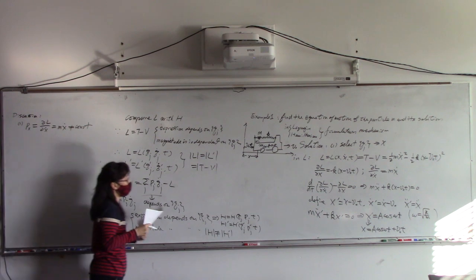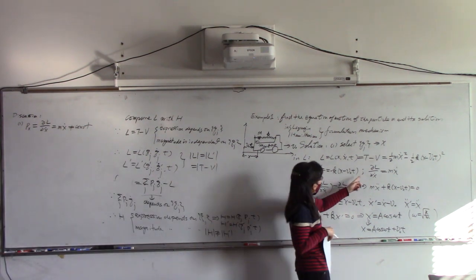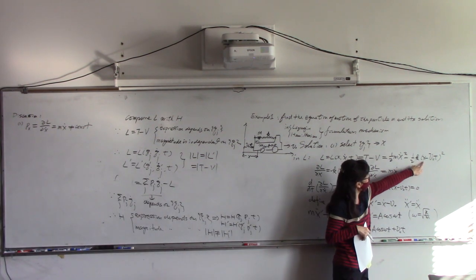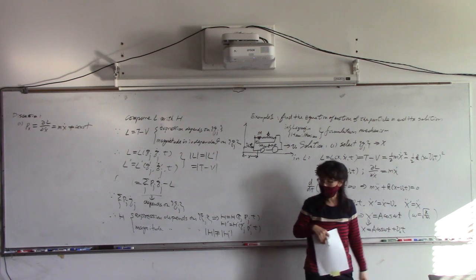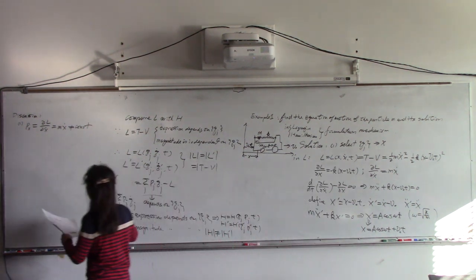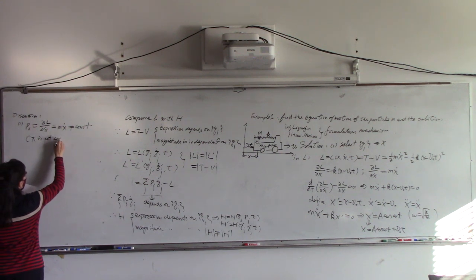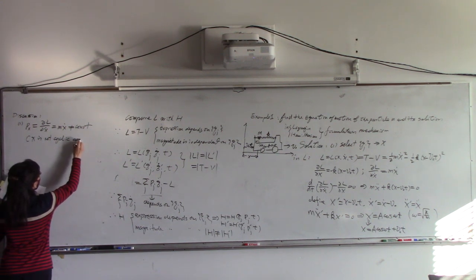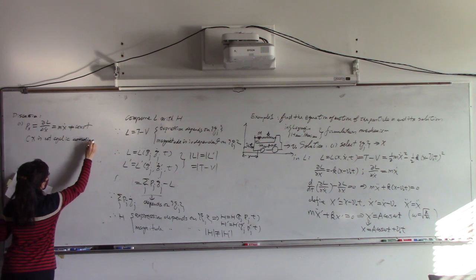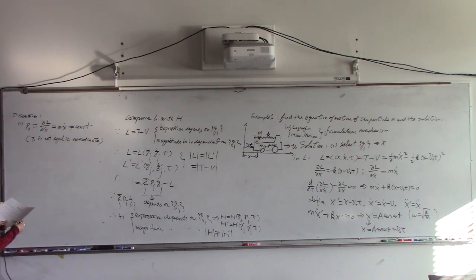It's not concerned because we know this Lagrangian has x. There's no separate, so because of this, right? So immediately we got this.